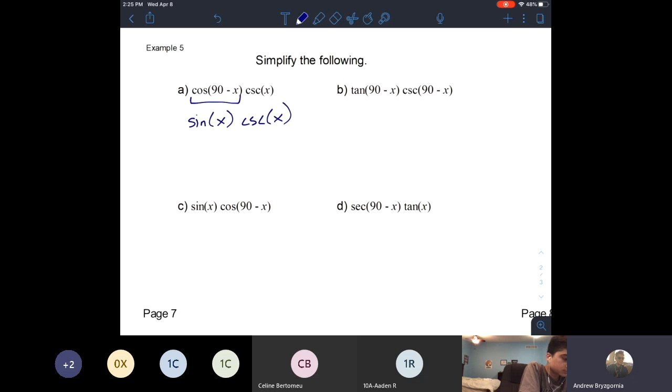And what is cosecant of x equal to? Secant 90 minus x. Oh, okay, good. Not what I was looking for, but yes, that is correct. What I'm looking for, I'm sorry, I should have been more clear, is what fraction is the same thing as cosecant?